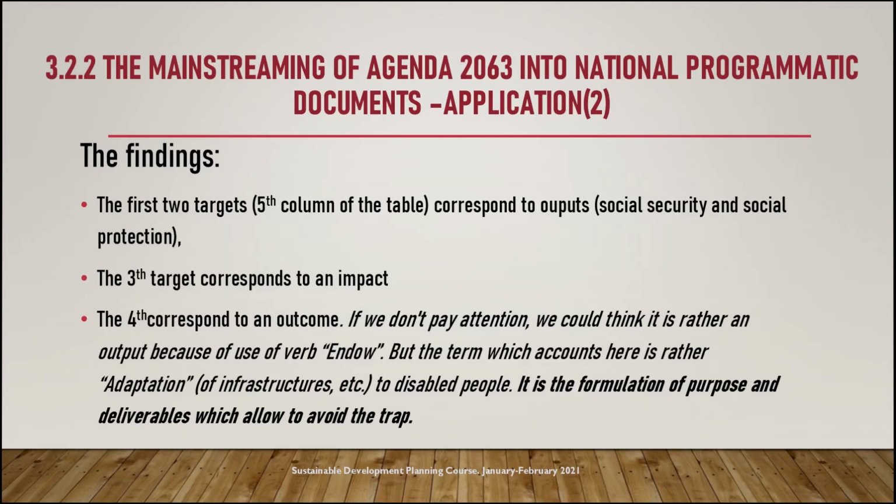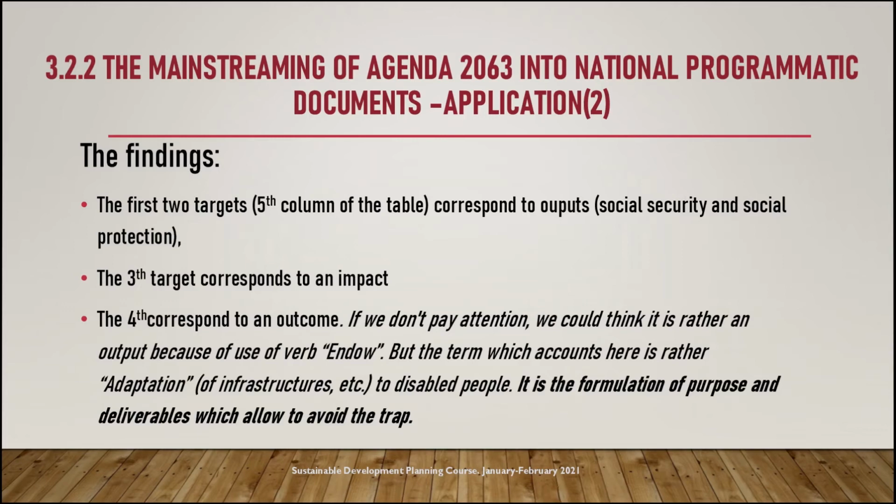Adapting the infrastructure to the disabled people means some performance, and as such, this 4th target corresponds to an outcome. All those conclusions are possible through the formulation of purpose and deliverable. Without that, I don't know how we can reasonably integrate these targets in the national programmatic documents.